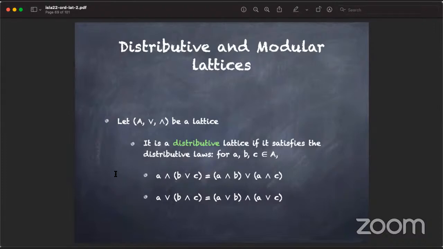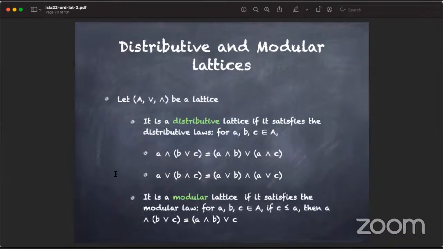So why is it called distributive? Because of these nice laws that it satisfies, where join distributes over meet and meet distributes over join. So if this condition is satisfied in a lattice, then it is called a distributive lattice. And what about a modular lattice?